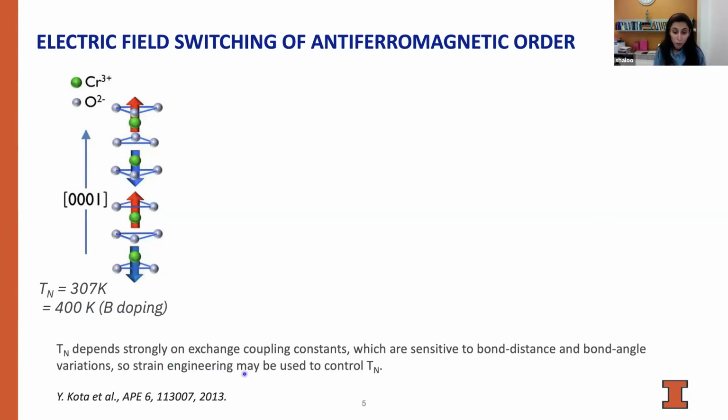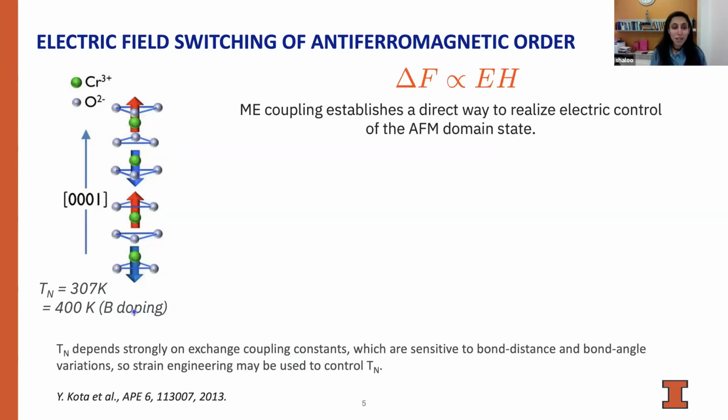Strain engineering is also useful in order to control the Néel temperature, because it depends very strongly on the exchange coupling constants. And a lot of theoretical work was also done by Kirill's group, actually, in predicting the enhancement of the Néel temperature by boron doping. In fact, I think when I first started looking into chromium, Kirill's papers were the only papers I was initially reading. And so I feel like I've known his work for a very long time.